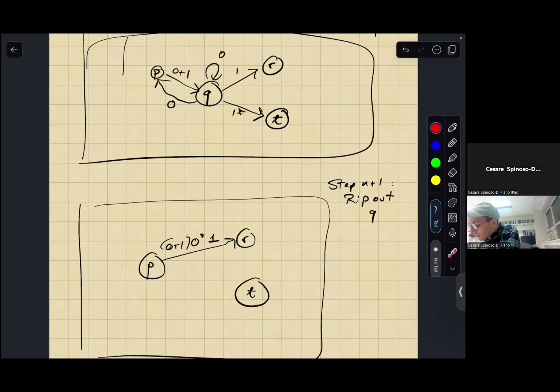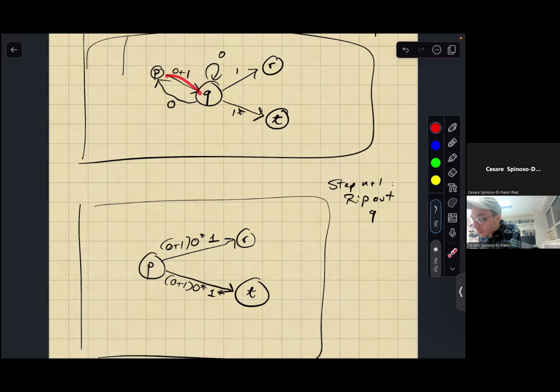I can also do the same thing. Q allows me to get from P to T, right? By reading 0, 1, having any number of zeros, and then reading 1 star. So I can get from P to T, 0 star, 1 star. And then this is maybe a bit more subtle, but I can also go from P back to myself using Q, right?